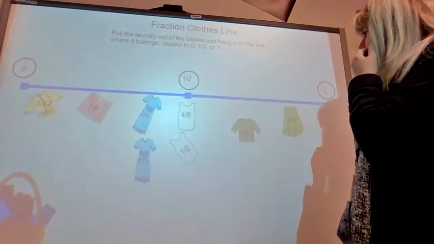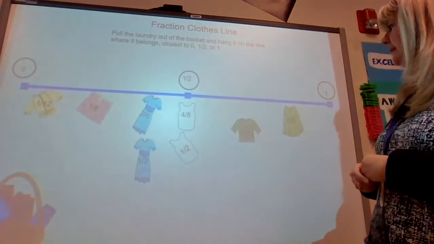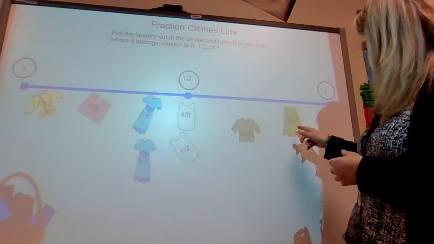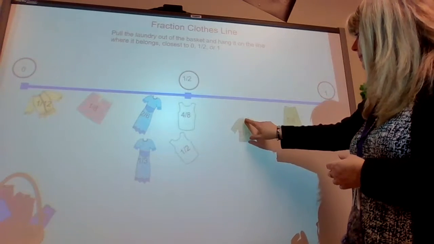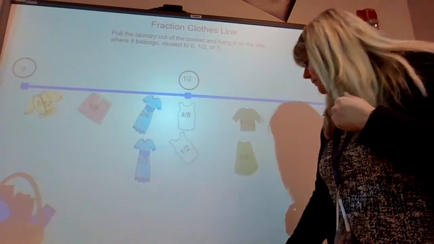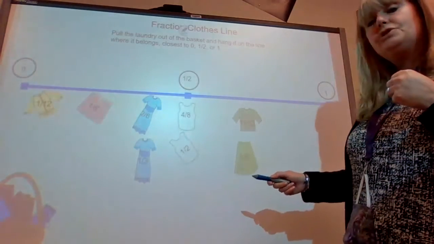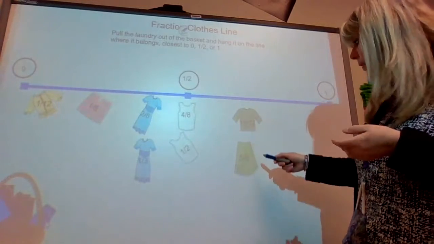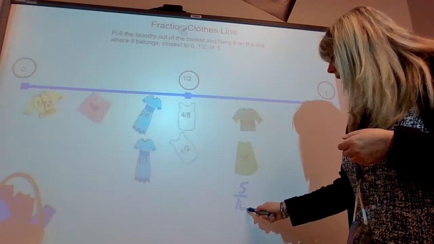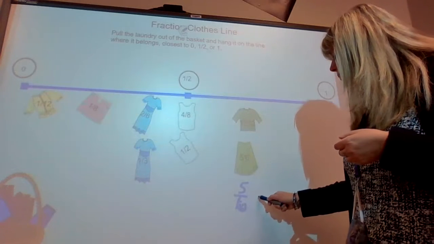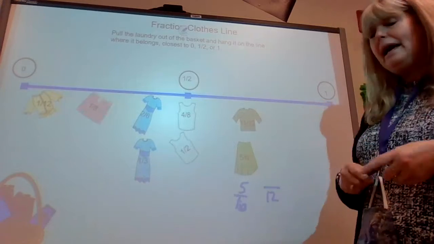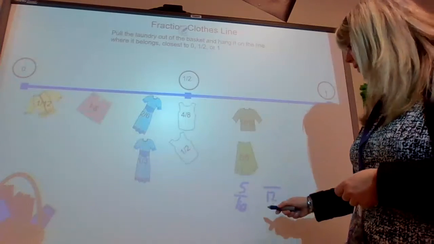Okay, now my question on this one is, is 11/12 a larger piece than 5/6? Well, if I took 5/6 and I took it to the denominator 12, so I'm going to take 5/6 and make it into twelfths. What do I have to do to 6 to get it to 12?